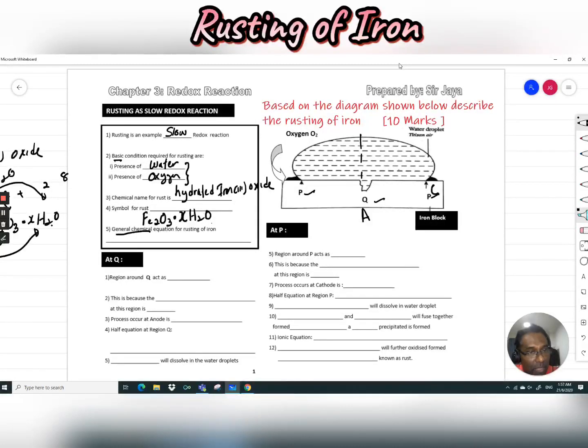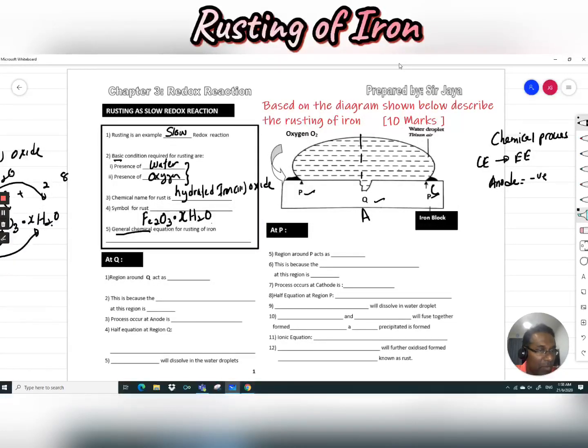This becomes C. Basically, this rusting process is a chemical process. You must remember that in this process, the energy change is chemical energy converted into electrical energy. The anode acts as the negative terminal.